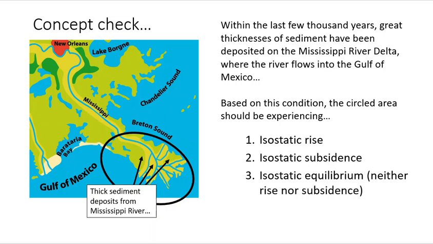So based on this condition, would the circled area be experiencing isostatic rise, isostatic subsidence, or would it be in isostatic equilibrium with neither rise nor subsidence occurring? I'll give you perhaps 10 or 15 seconds to think that through and pick the correct answer.